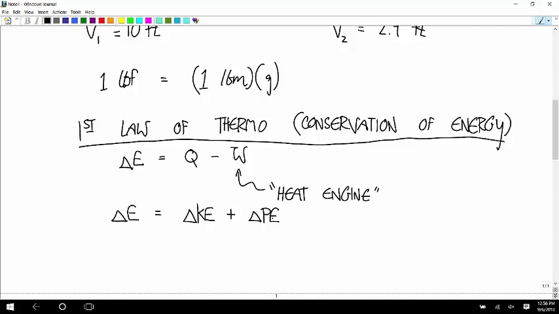It could be any potential energy, but the only one we're going to deal with is gravitational. And by the way, in the majority of problems in this class, these are going to be 0. Not always, but we're not usually going to have cases where our system is changing speeds or changing heights.